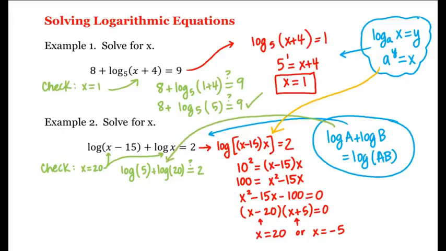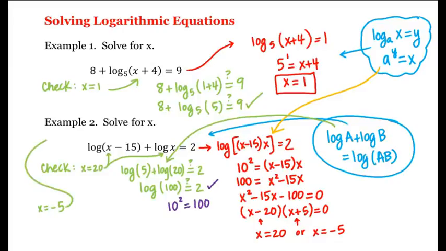So the question is the log of 5 times 20, or log of 100, equal to 2? And it is, because remember, log means log base 10, and 10 squared is indeed 100. So x equal to 20 works. It is a solution.